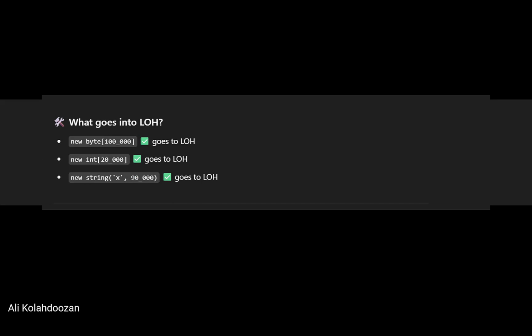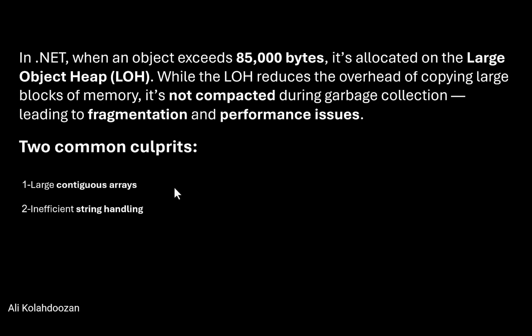What goes to LOH? Something like this: big size, integers in this size or bigger, strings like this. This thing goes to LOH. Okay. In .NET, as we already said, if the size was bigger than this in bytes, you're going to deal with the large object heap.